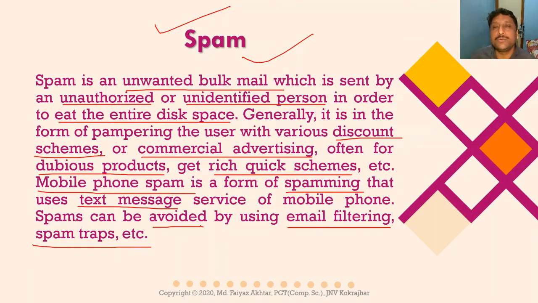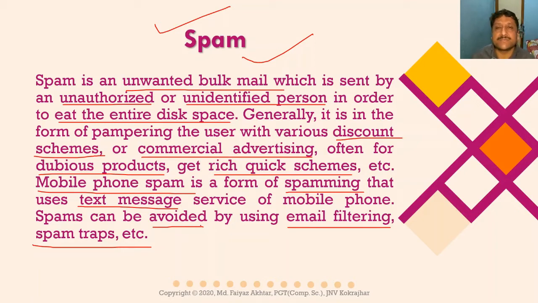Suppose you want to add email filtering in your email account, then what you have to do, you have to select all the emails, and then you will find an option, recognize that spam option, this is spam, like this menu button is there.